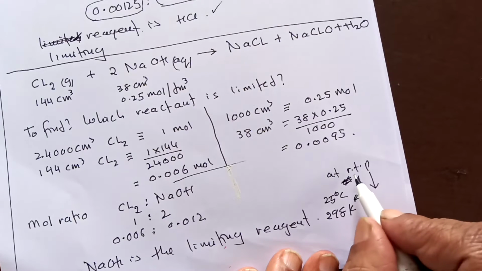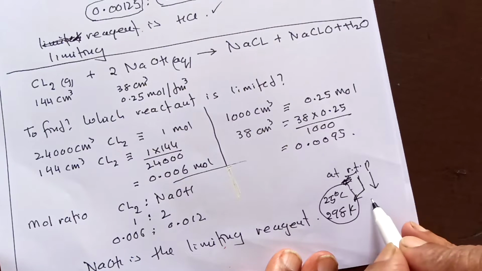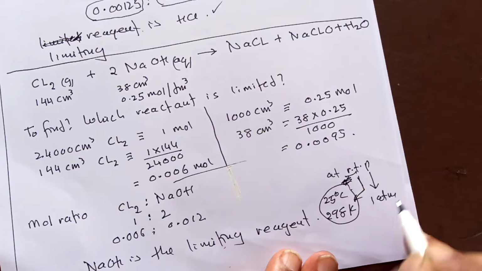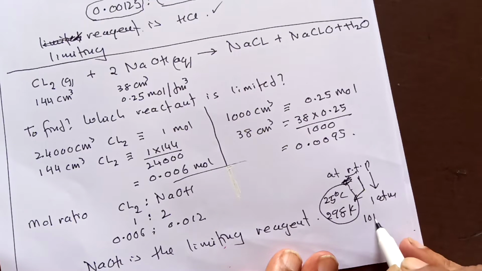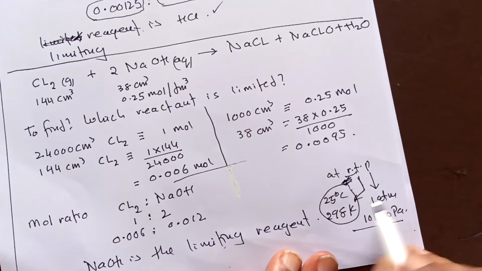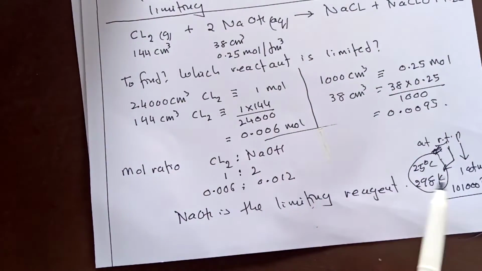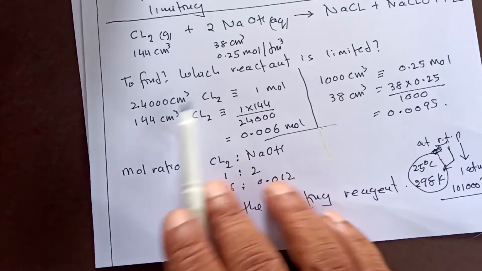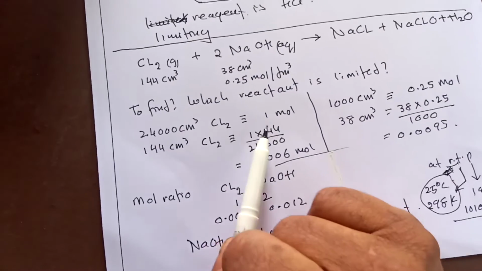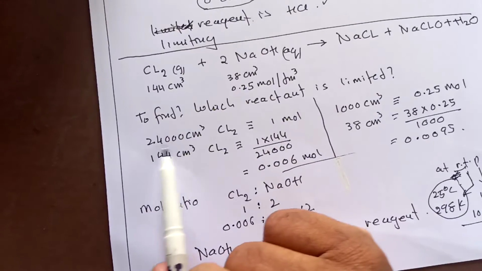Room temperature is 25 degrees Celsius, and pressure is 1 atmosphere. 1 atmosphere is 100 kilopascal. So that is room temperature and pressure. Good. Now, all gaseous substances occupy this volume for 1 mole of any substance.